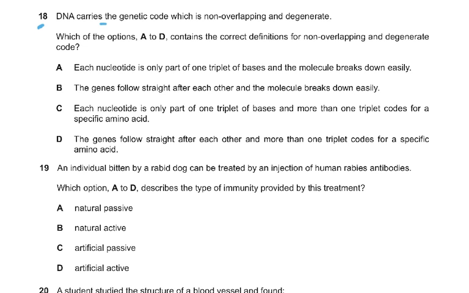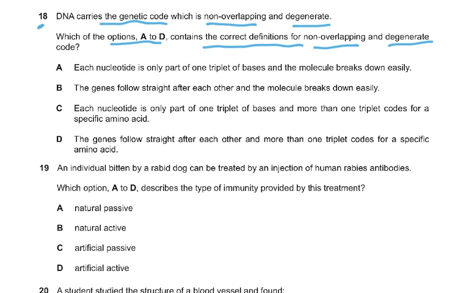Question 18. DNA carries the genetic code which is non-overlapping and degenerate. Which of the options A to D contains the correct definitions of non-overlapping and degenerate code? Each nucleotide is only part of one triplet of bases and the molecules break down easily. The genes follow straight after each other and the molecule breaks down easily. Each nucleotide is only part of one triplet of bases and more than one triplet codes for a specific amino acid.